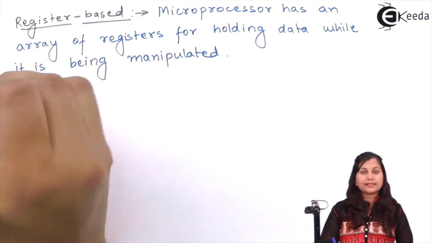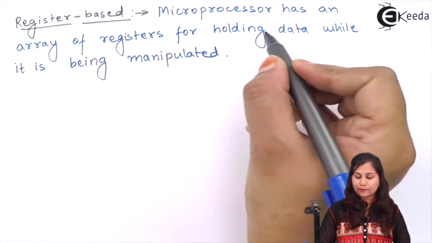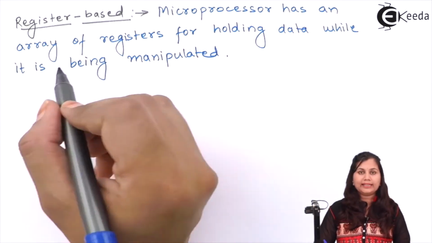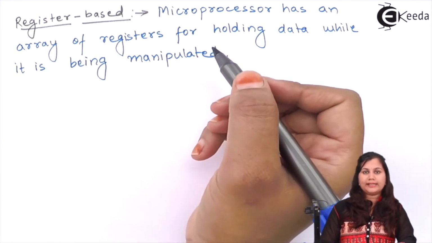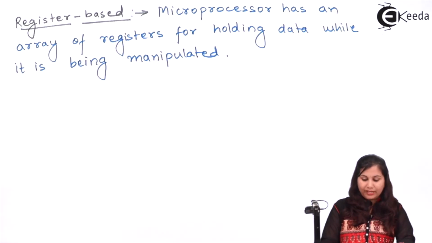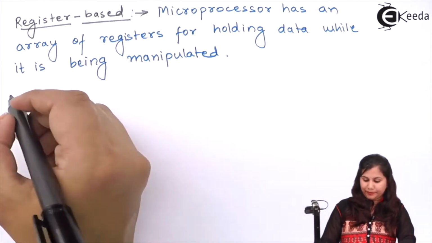So the microprocessor has an array of registers for holding the data while it is being manipulated or processed.